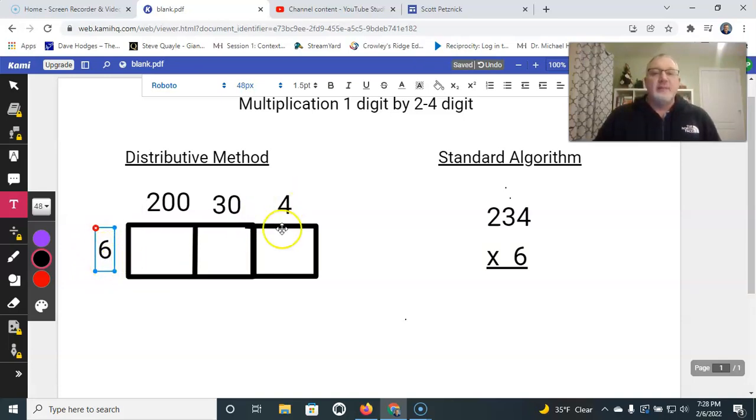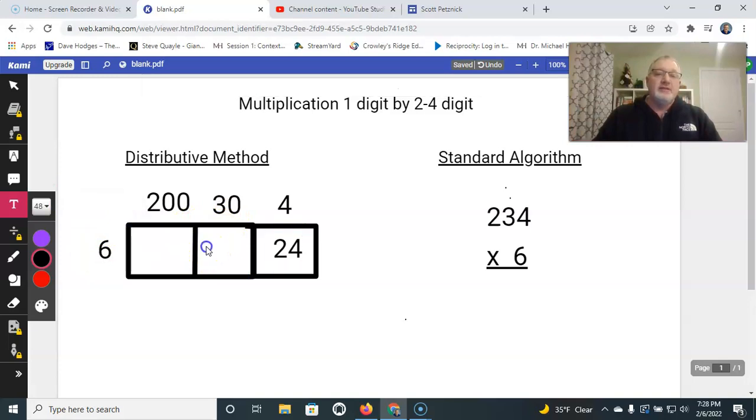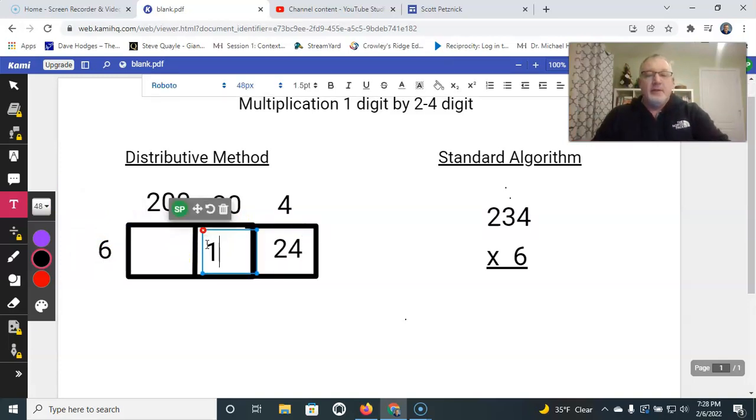So 6 times 4, we're going to put 24 in there, right? And then I teach the kids to do the basic fact, and when it has a 0, you just add the 0 on. So 6 times 3 is 18, but then there's a 0 up there with the 30, so I need to add a 0 on there.